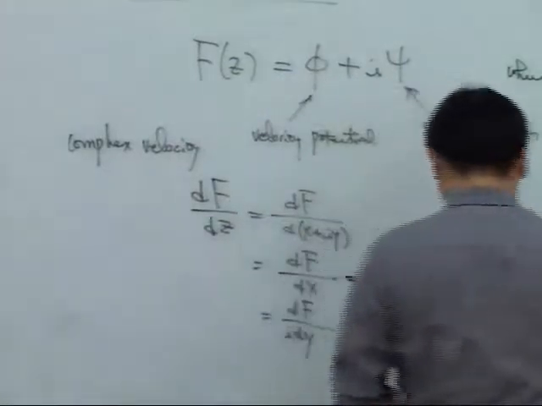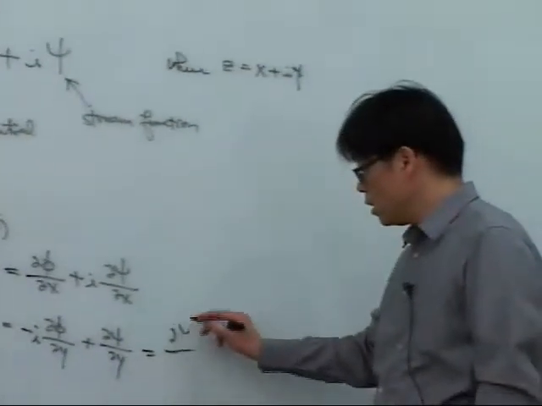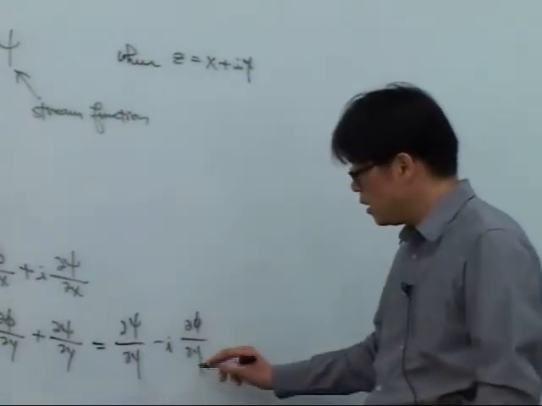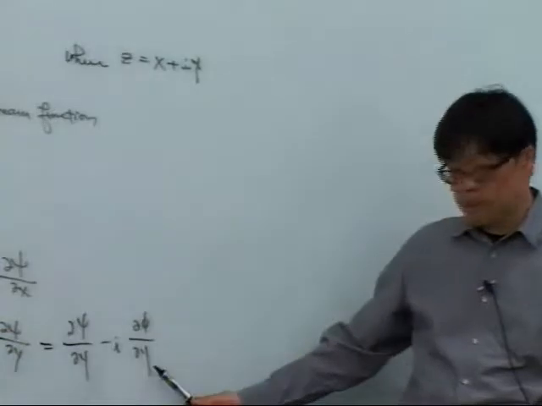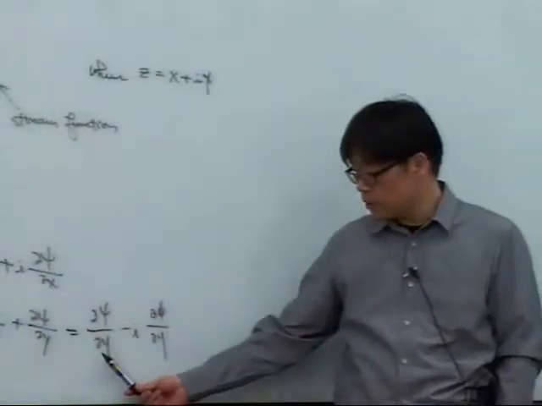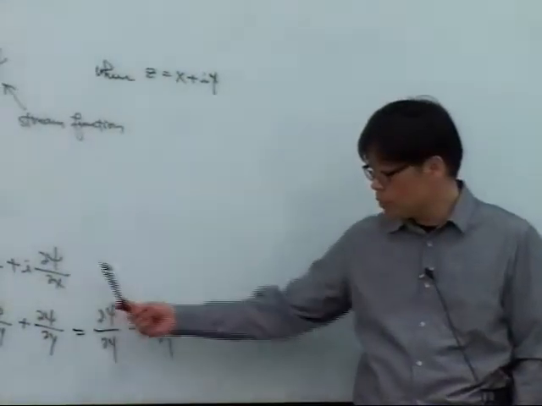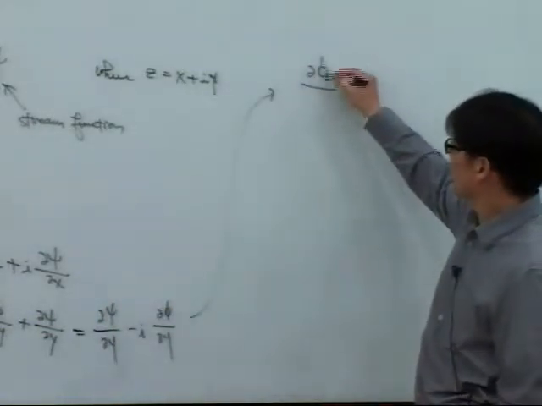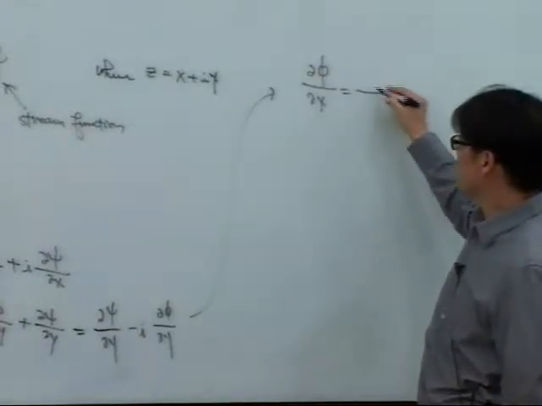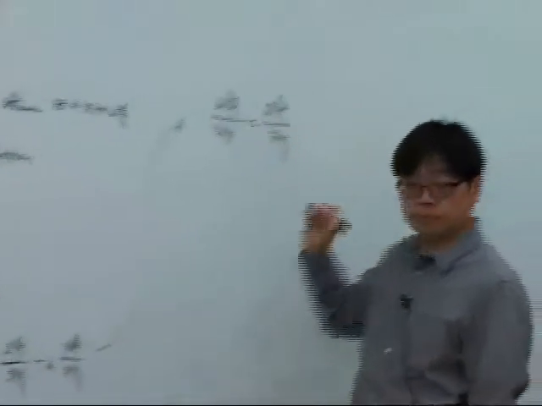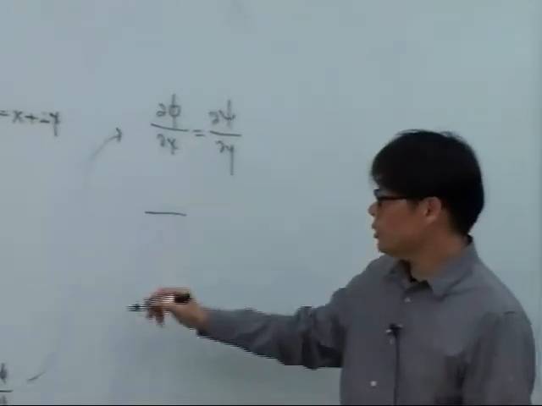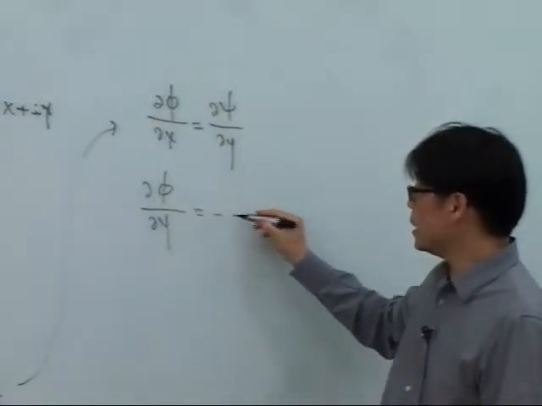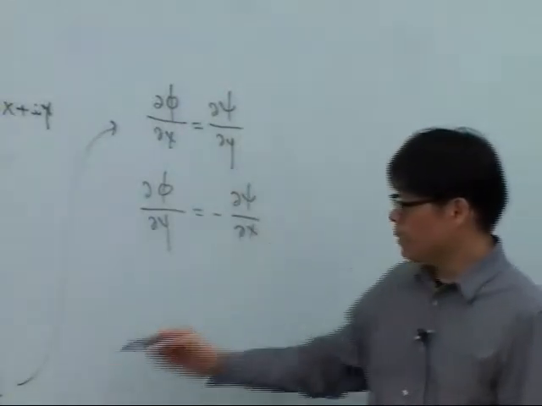For these two expressions to be the same, the real parts have to be the same, and the imaginary parts have to be the same. Meaning that d phi dx has to be the same as d psi dy. And the imaginary part gives you d phi dy has to be the same as minus d psi dx, because I have a minus sign here.